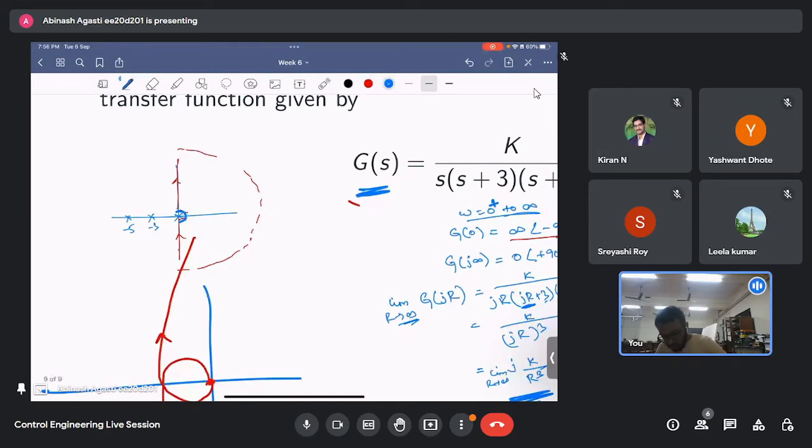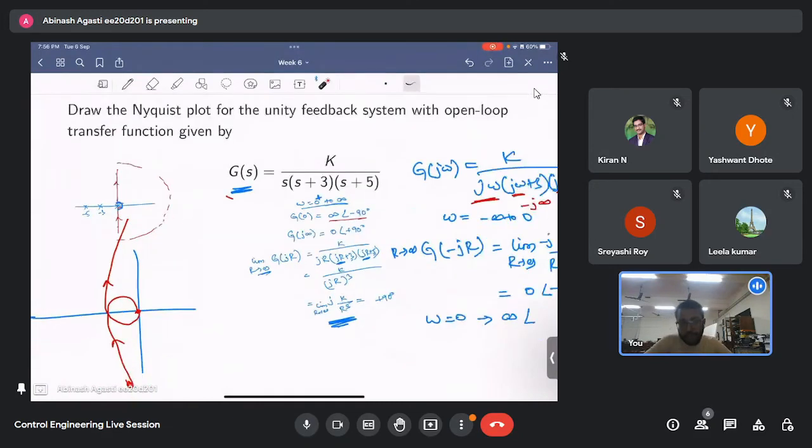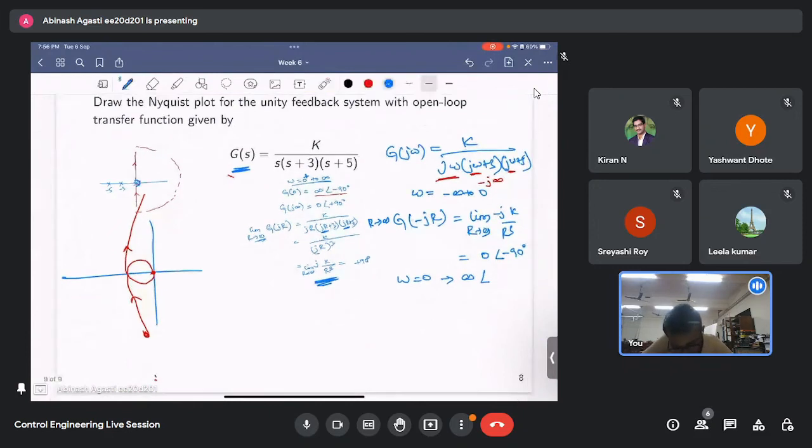Given that, starting from 0 plus we'll have infinity at minus 90 degree, but at 0 minus we'll have infinity at plus 90 degree. Is that correct? No, sorry, this one will be the same, because at 0 it won't matter.